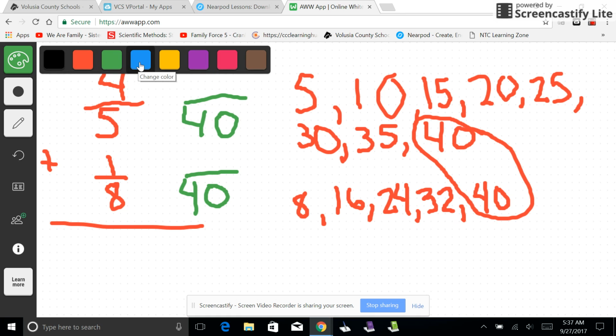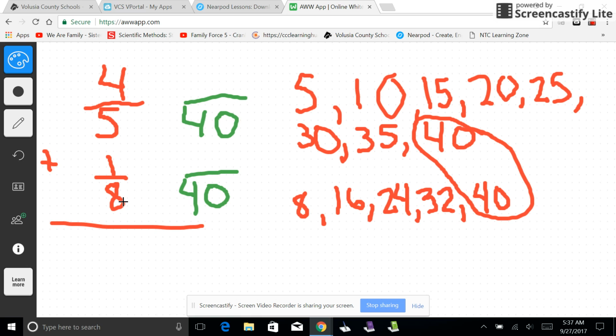Now I come over to my problem and I ask myself, what times 8 gives me 40? If you're thinking, oh my goodness, I have to do skip counting again, no, you don't. You just come over here and go 1, 2, 3, 4, 5. So you skip counted 5 times, or 8 times 5 is 40.